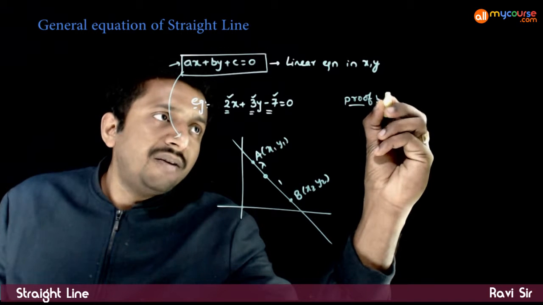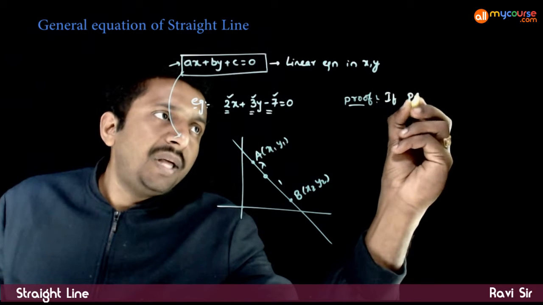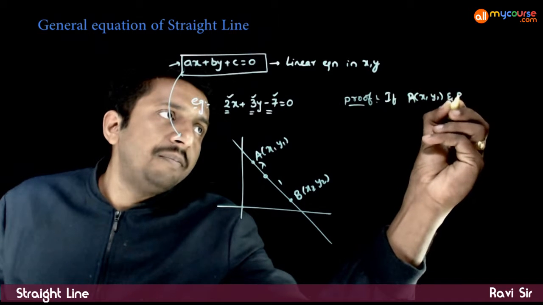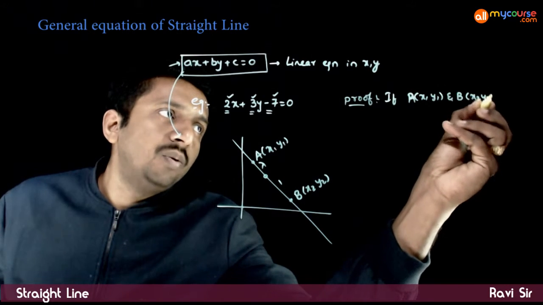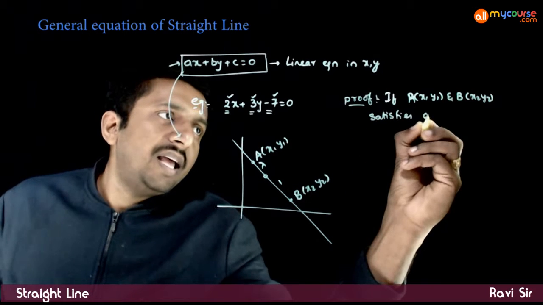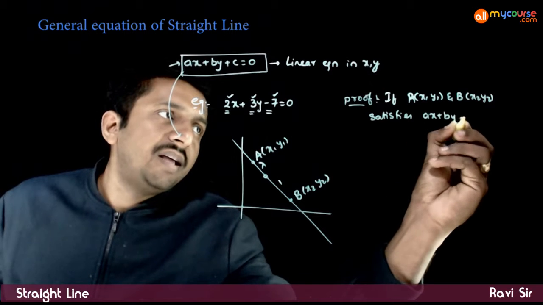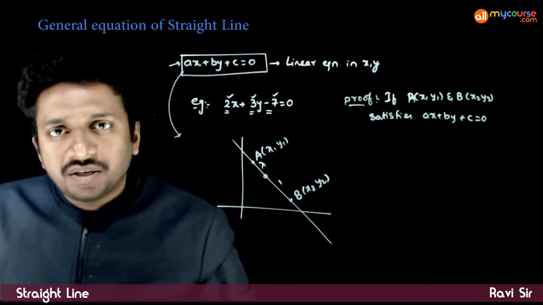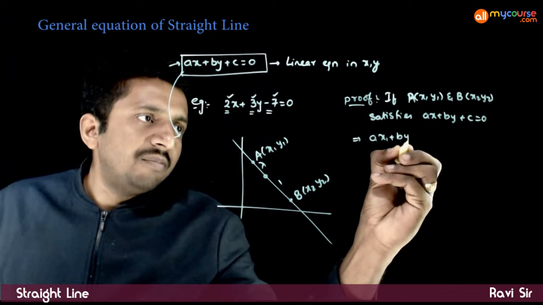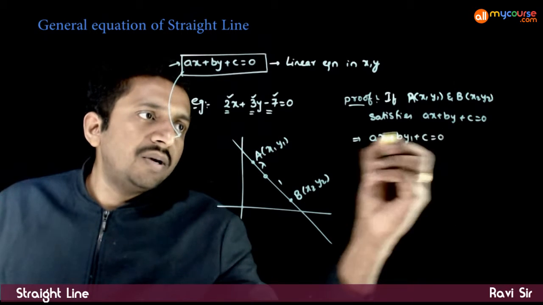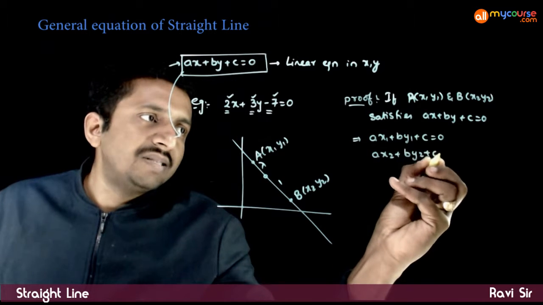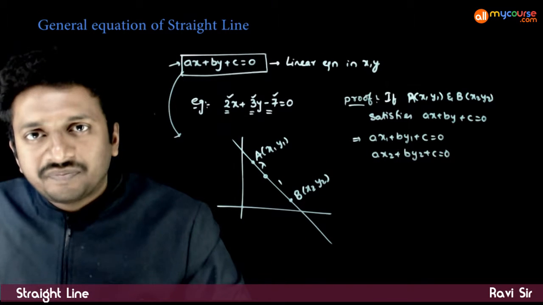So if A x1, y1 and B x2, y2 satisfy ax plus by plus c is equal to 0, then I can write that ax1 plus by1 plus c is equal to 0, and ax2 plus by2 plus c is equal to 0.